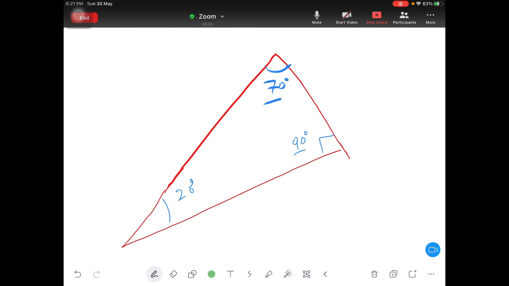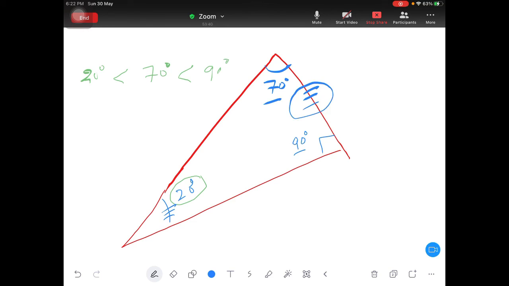If you write that 20 degrees is less than 70 degrees, which is less than 90 degrees, then opposite to 20, this side is coming.